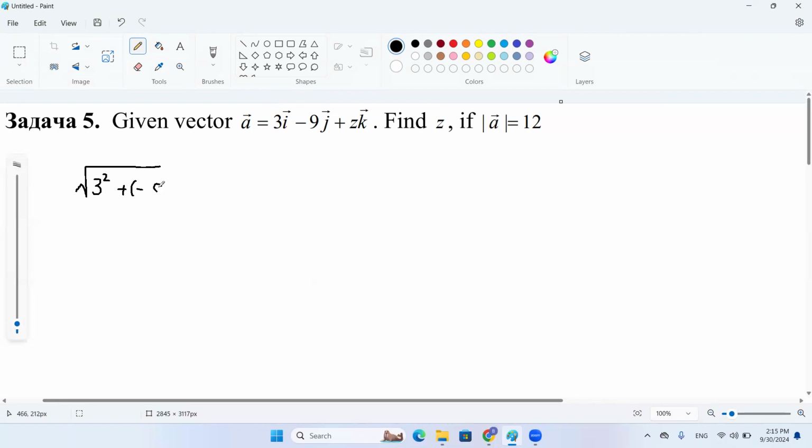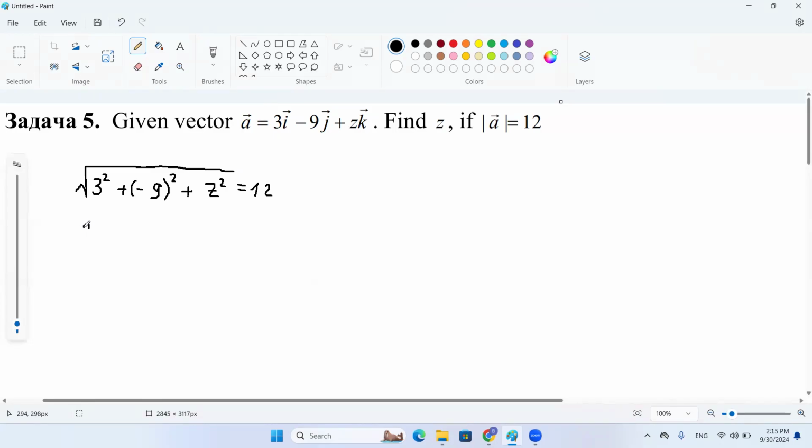So we just calculate the magnitude, but we know the magnitude, it equals 12. Okay, what are we doing next? So just a simple square equation. Yes, square root from 54.